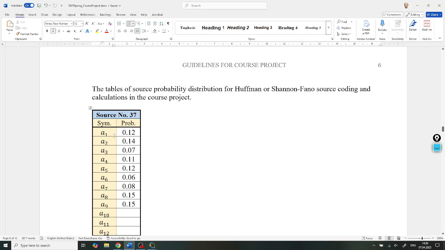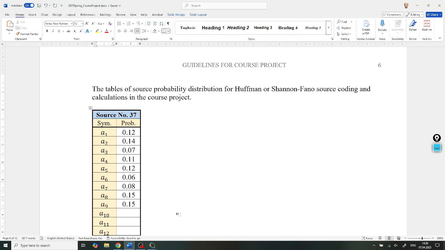How much information does A1 have, A2 have, and how much do they have on average? Because that's actually information theory, and there were video records which I asked you to study covering this topic. Basically, the more unexpected the symbol is, the higher is its information.